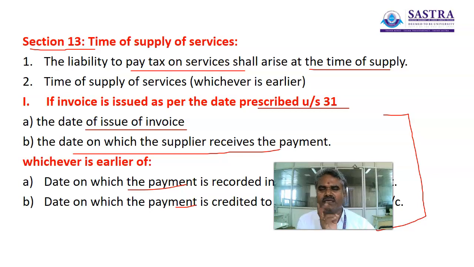The date of issue of invoice and the date on which the supplier receives the payment, we take whichever is earlier of the following: the date on which the payment is recorded in the books of account, or the date on which the payment is credited in the supplier's bank account. I hope you could understand, dear students. Suppose you have any doubt, raise it at the time of the webinar and I will clarify.